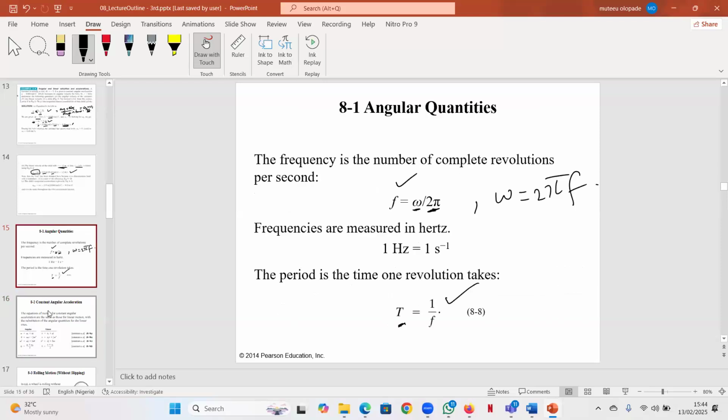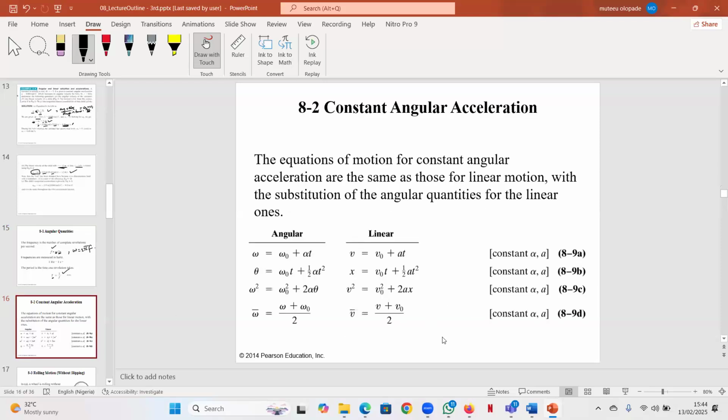Okay. So from here now, we see this standard table to compare between linear motion and angular motion. Under Newton's laws of motion, we have this, we also have this. This is average velocity. This is average angular velocity.